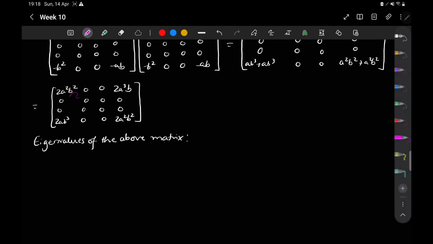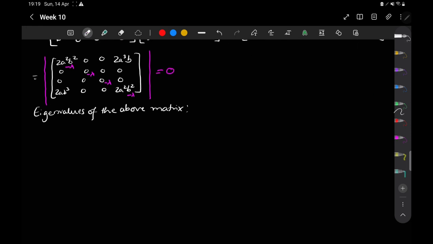And for that we need to take the determinant of this matrix minus lambda I. We need to find this determinant, and set it equal to 0 to find out the eigenvalues.